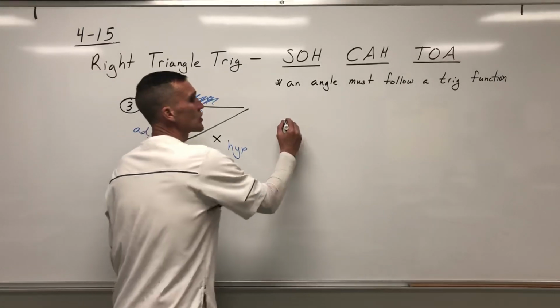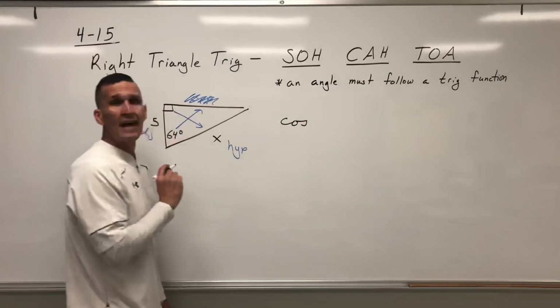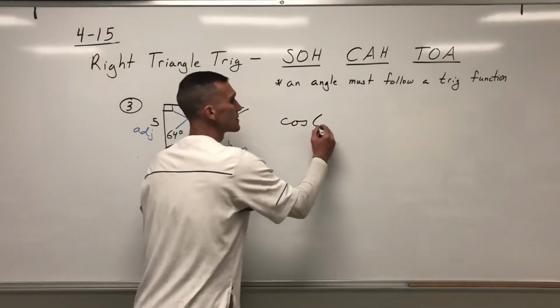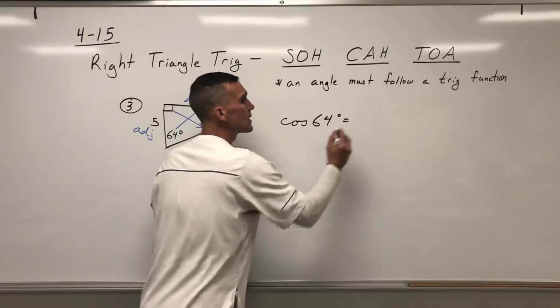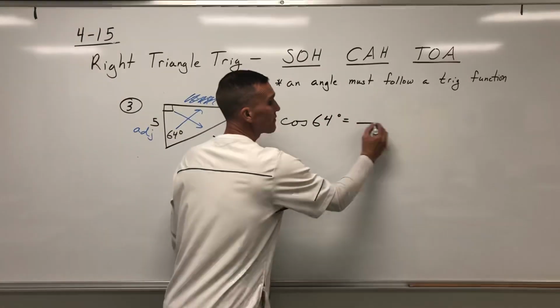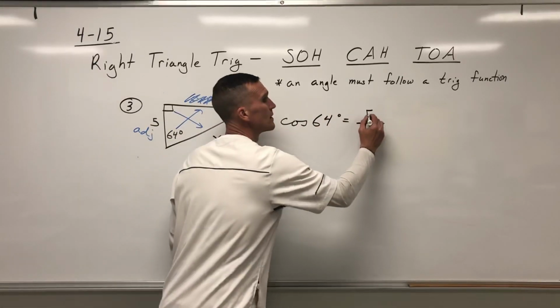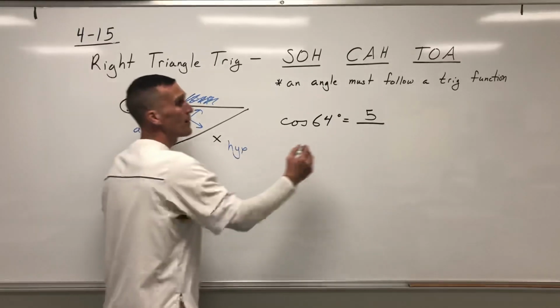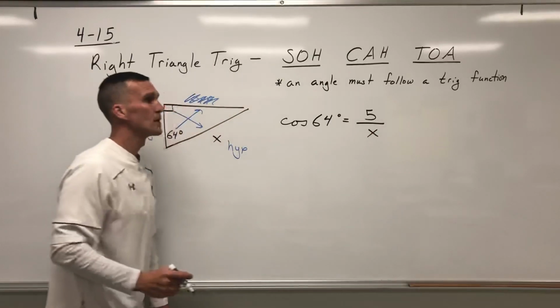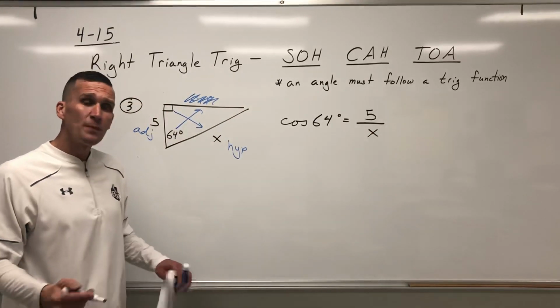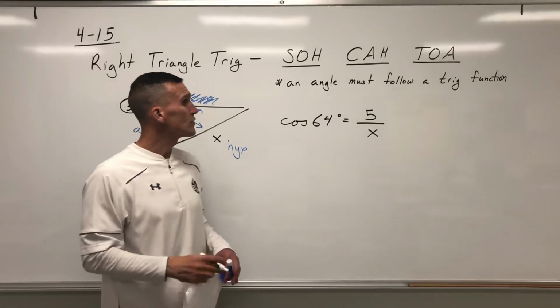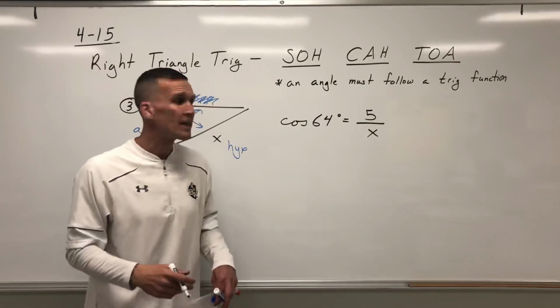So I set up cosine of the angle, 64 degrees, is equal to a ratio or a fraction: the adjacent side, which is 5, divided by the hypotenuse, which is x. Now, in order to get x by itself, the first thing that we would have to do is get x out of the denominator.